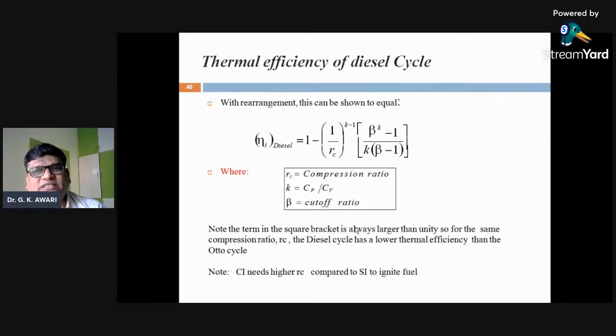Where RC is the compression ratio, gamma is Cp by Cv and beta is the cutoff ratio. Note the term in the square bracket is always larger than unity.